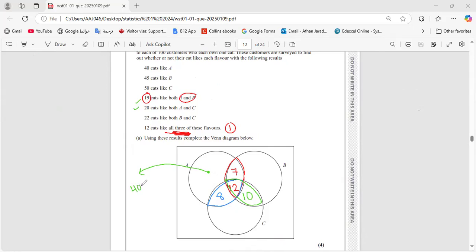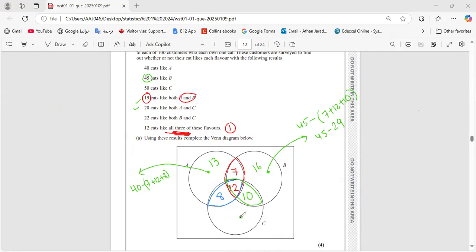So it's 40 minus 7 plus 12 plus 8, which equals 40 minus 27, which equals 13. And inside circle B, 45 cats. So 45, you need to subtract 7 plus 12 plus 10, which equals 45 minus 29, which equals 16.